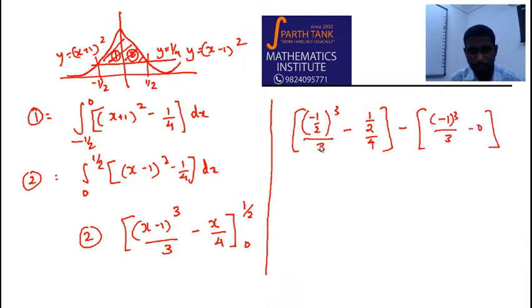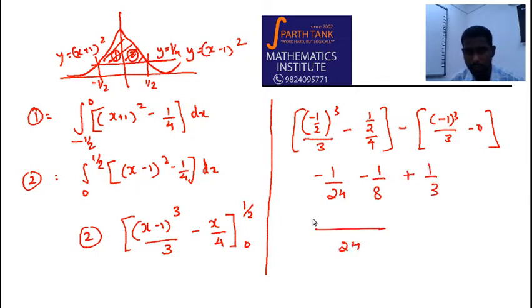Therefore I get minus 1 by 8 by 3, which is minus 1 by 24, and here I get a minus 1 by 8, and here I get a nice plus 1 by 3. The LCM being 24, minus 1 minus 3 plus 8, or 4 upon 24, which is 1 upon 6.